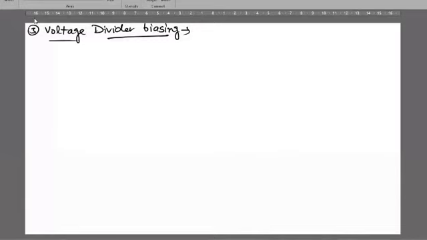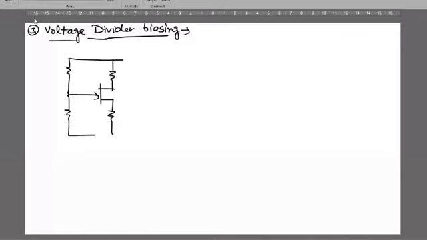So I think diode was the only thing that you have to understand, and the rest of the things in second unit and third unit, all things are very easy. And potential divider biasing, you know well, I think from BJT. This is potential divider biasing. You already know what is that potential divider biasing.